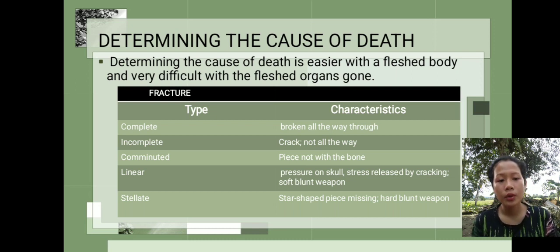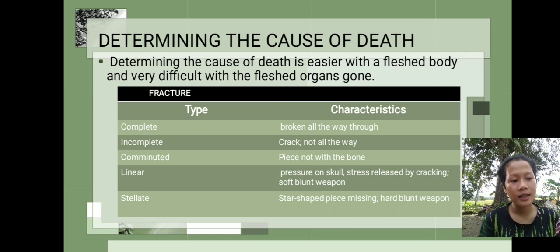Comminuted is broken into pieces. Linear: pressure on the skull, stress released by cracking, soft blunt weapon. Stellate: star-shaped, piece missing, hard blunt weapon.